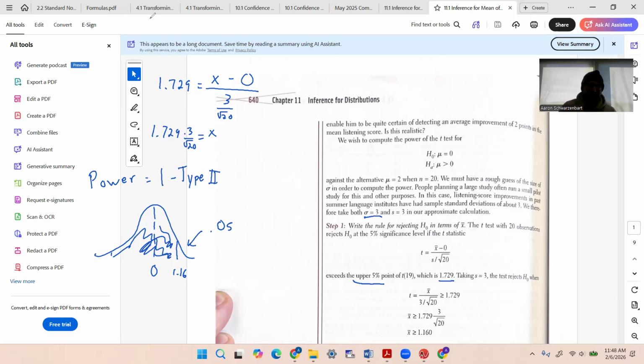Now, my other curve, so that's less than 2, that's at least a good thing. My other curve here, the power one, is centered at 2, and I've got this 1.16 hanging out here. So I'm really looking for what's the probability here.